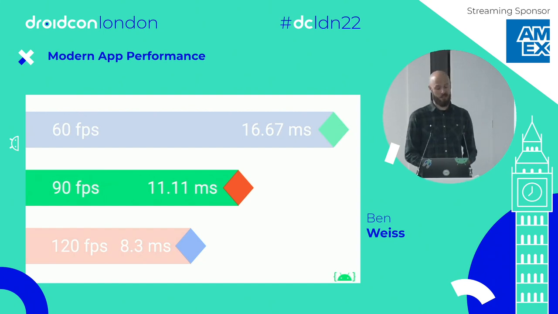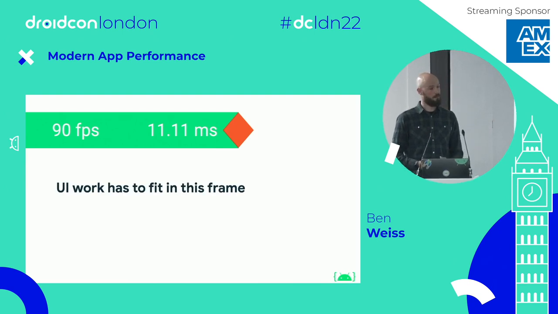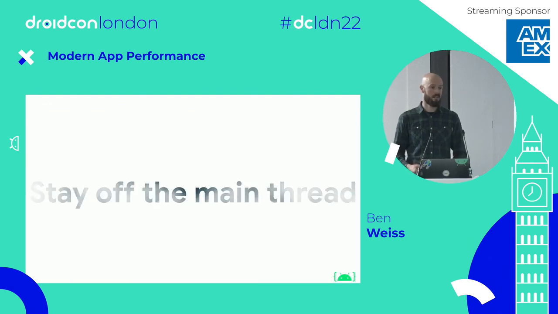Those 90 frames per second give you 1/90th of a second to work on the main thread. And that is not a lot. So all your work has to fit in that frame, and much of the stuff that you want to do takes longer than this. There's just one piece of advice that I can give you for this, and that is stay off the main thread.